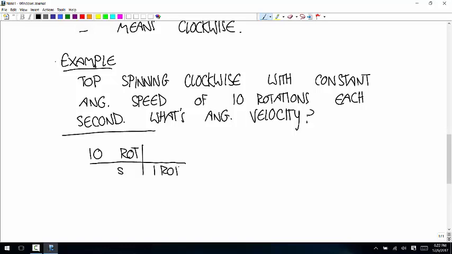And one rotation is 2 pi radians. And so we get 20 pi, that's 62.83 radians per second. And then we have to take the direction of the spin into account.